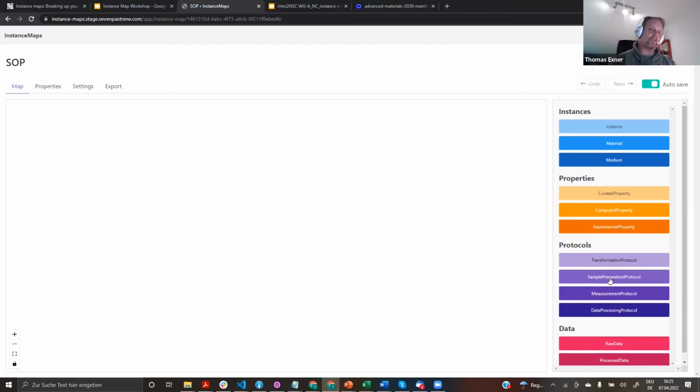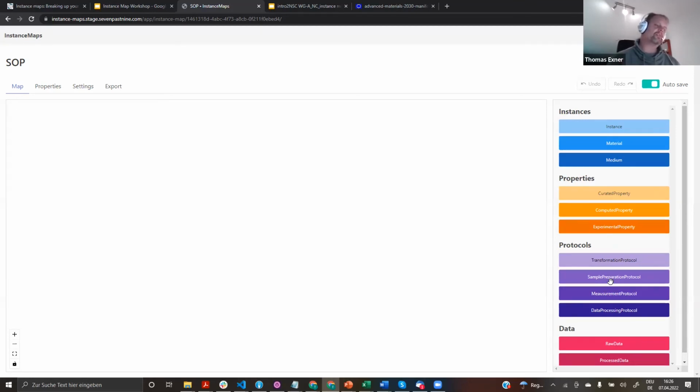And what Martin mentioned is that this instance maps meeting is in principle doing two things. On the one side, we present new features of the tool, or some ideas we had about new features, or what we changed, and how that is working.